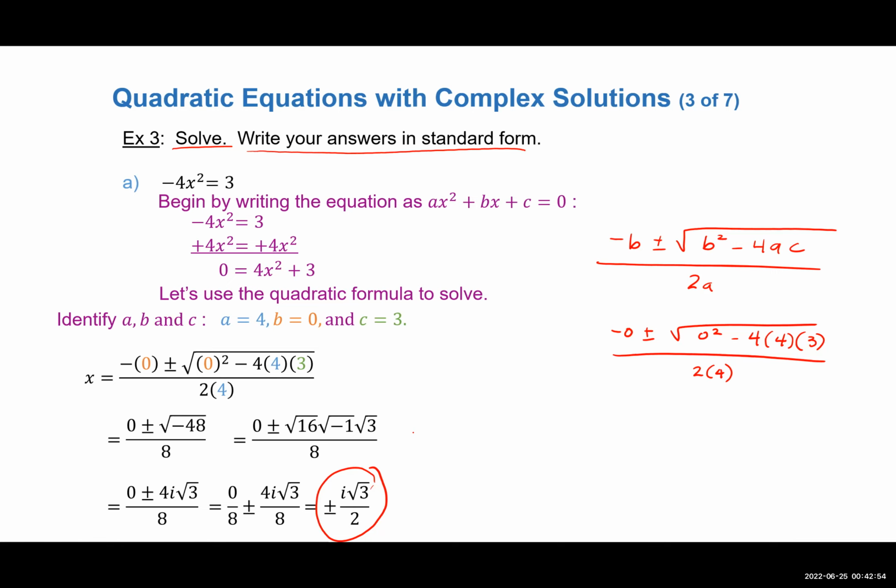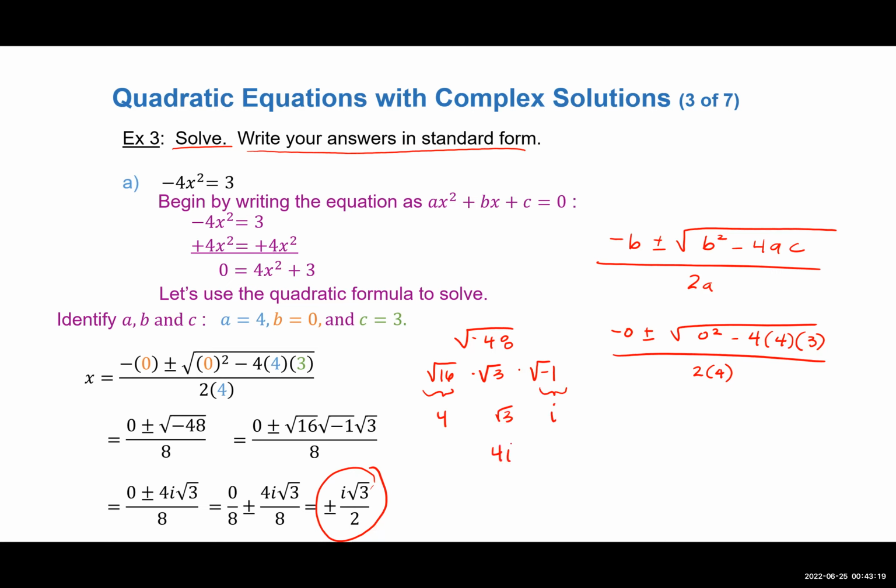So let's do this again. Square root of -48. Best way to think about this is to break that 48 down into 16 times 3 times -1. Well, we know the square root of 16 is 4. The square root of -1 is i. And this square root of 3 just stays.